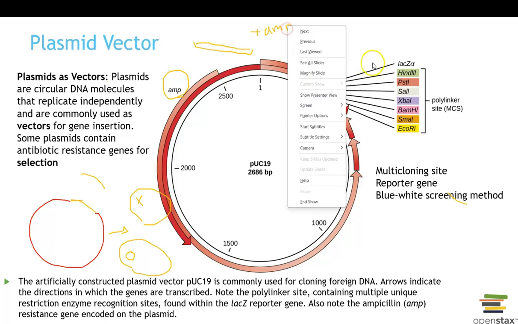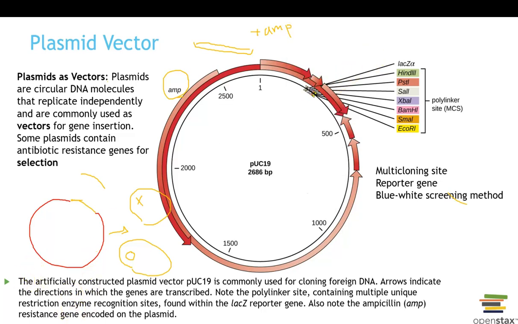So just the bacteria that could get the plasmid are able to grow in this media, because they have that ampicillin resistance gene. But if the bacteria were not able to get the plasmid through the transformation, they are not able to grow in this media.